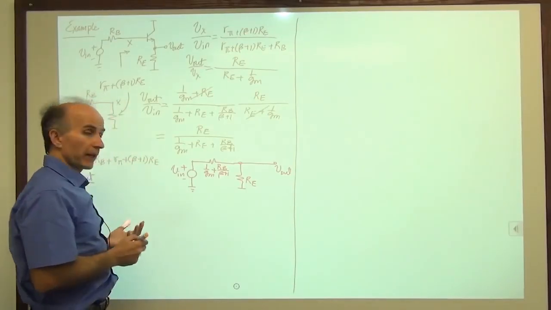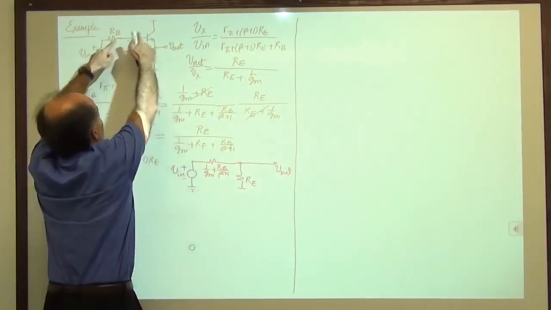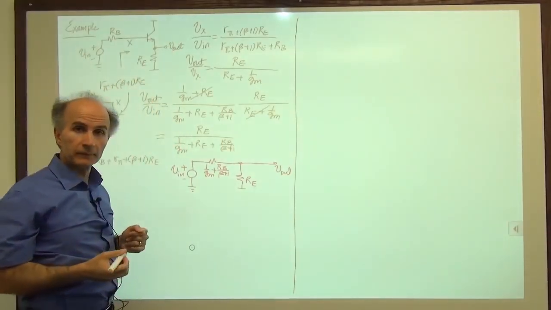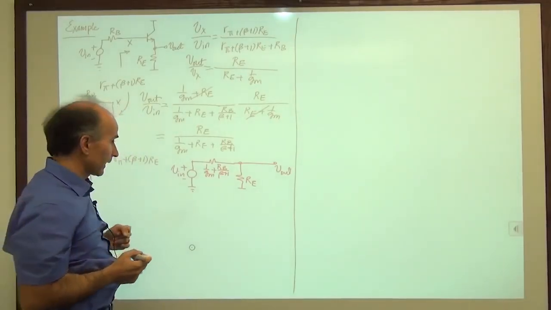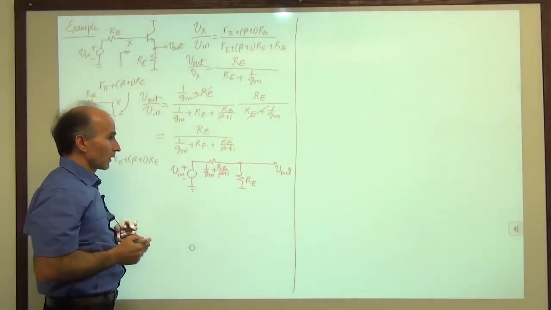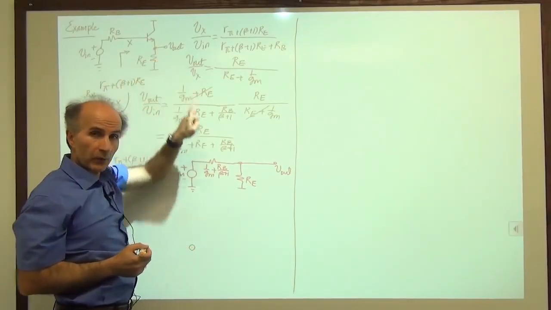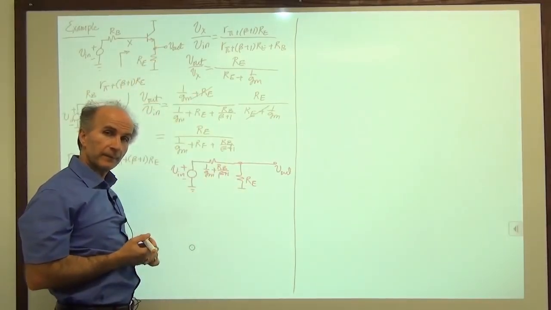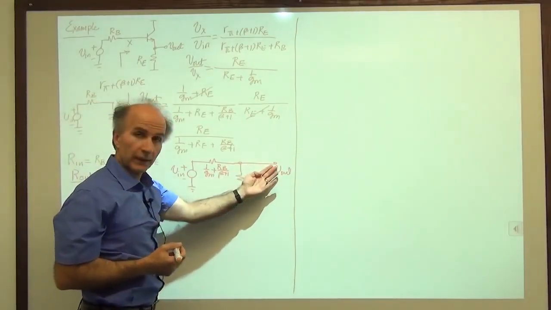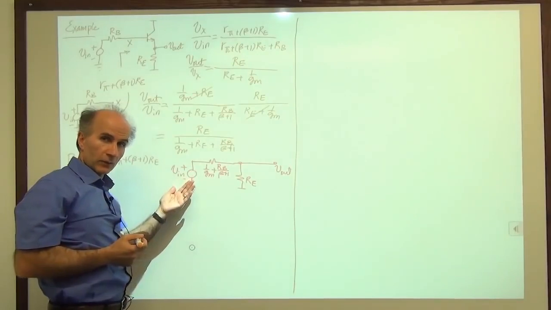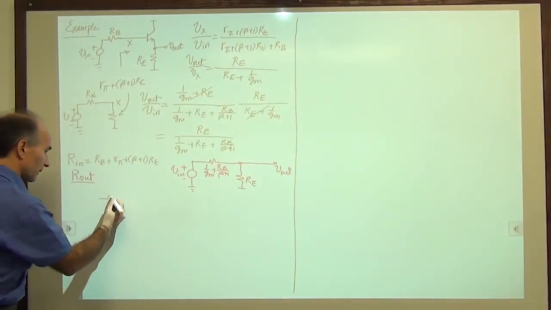Now, for all practical purposes, I can say that this circuit represents this circuit. Do you agree with that? If it does, then instead of finding the output resistance of this circuit, I will find the output resistance of this circuit. And to find the output resistance of this circuit, I have to set the independent source to 0. So for R out, I will do this.